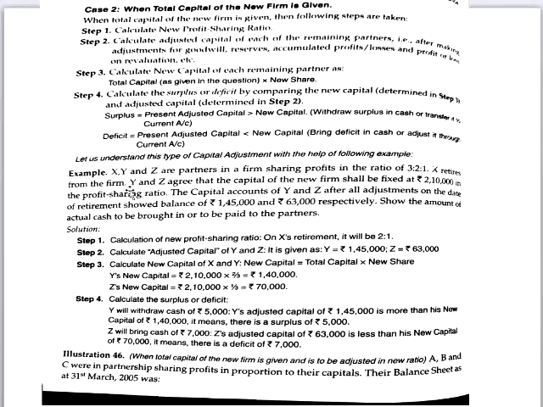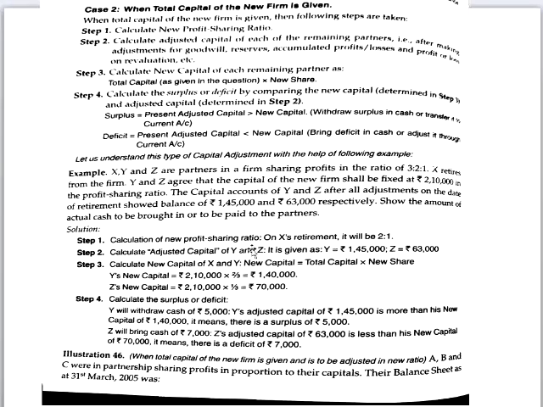See, here one example is given. X, Y, Z are partners having a profit sharing ratio of 3:2:1, and X retires from the firm. Y and Z agree that the capital of the new firm shall be fixed.